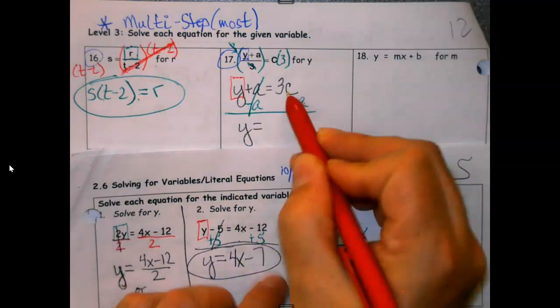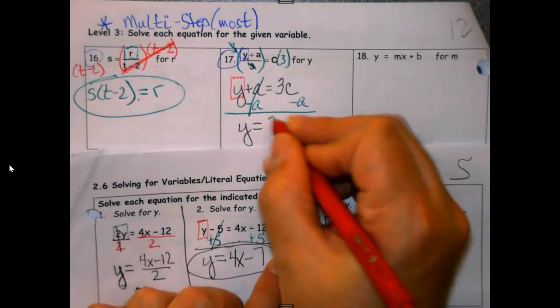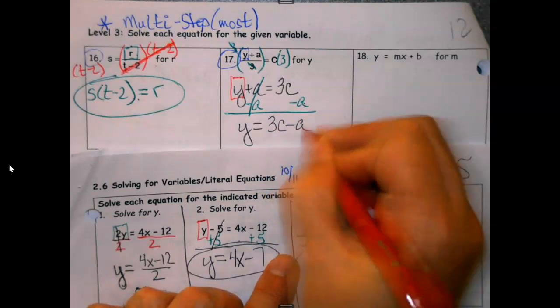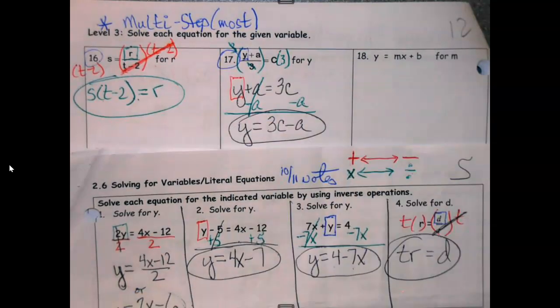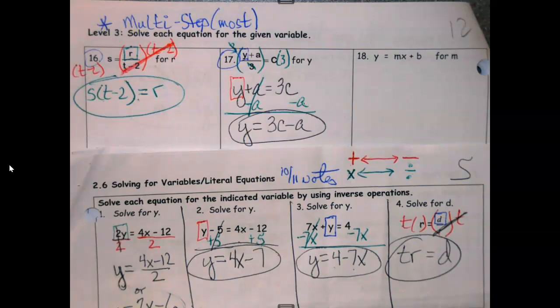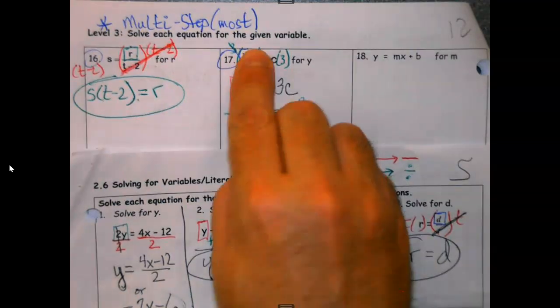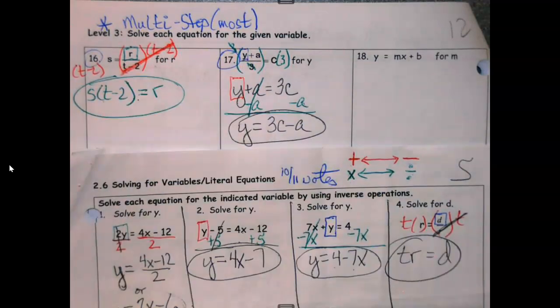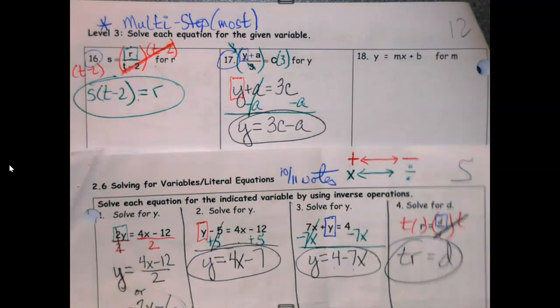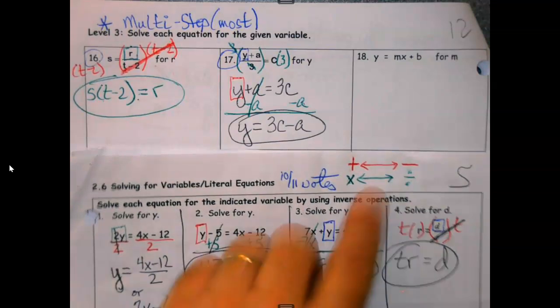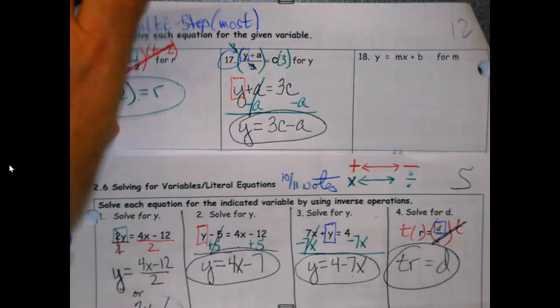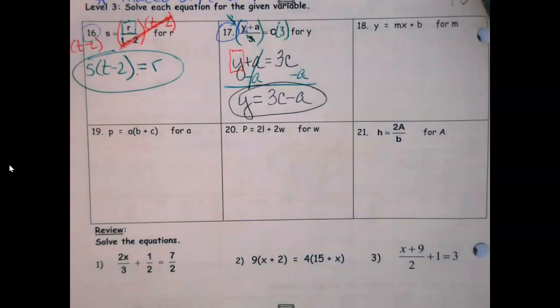A is not the same as C. They can hang out together. Can't combine them though. So we just have to make sure, again, if you keep boxing in the variable you're trying to solve for, and just keep doing these opposites, we'll get there.